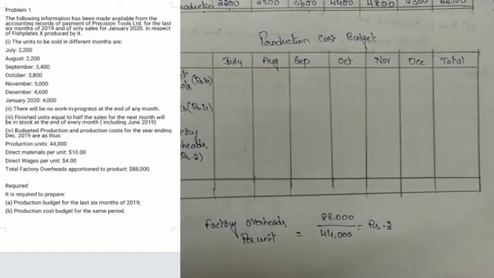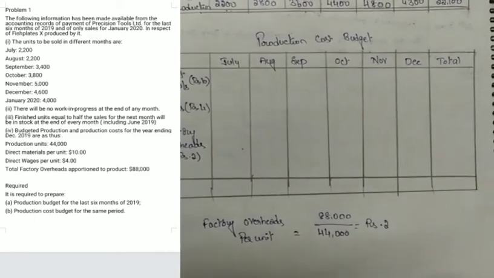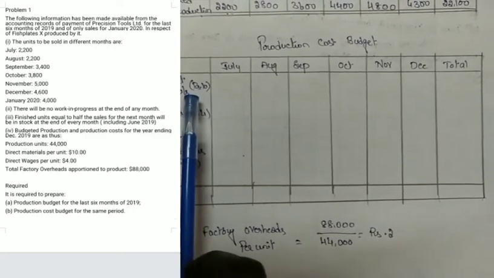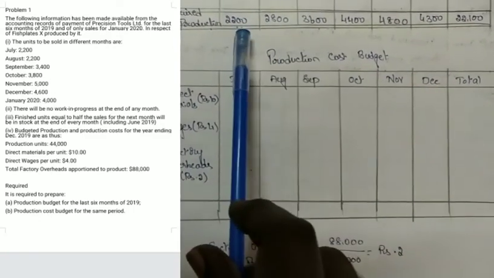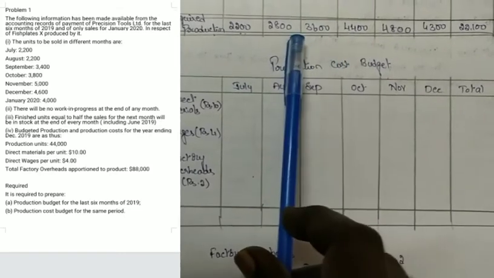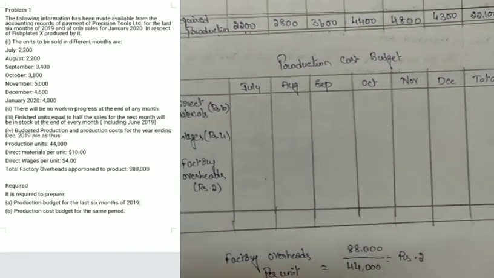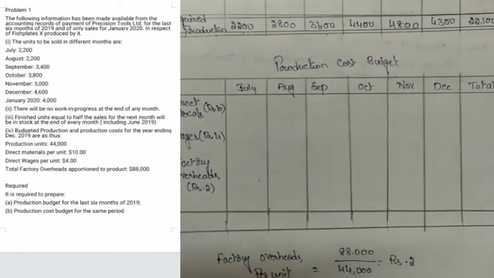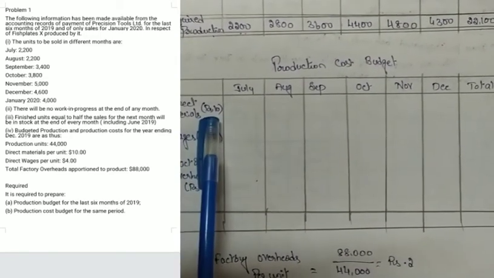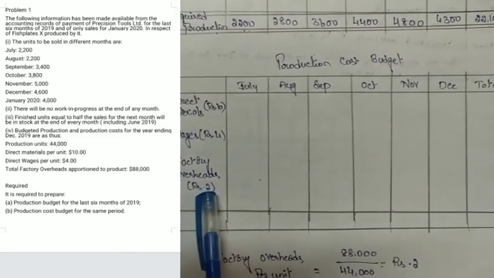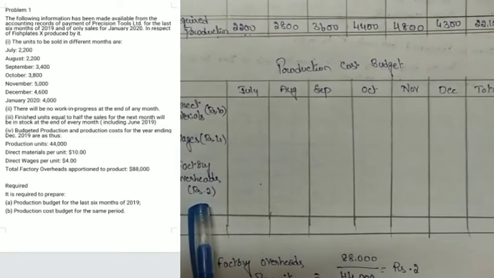So the format for production cost budget is also prepared in a similar way. Whatever the required production we have calculated in units, now we have to go for calculating in terms of the cost, that is what is the total cost required for us. So direct materials they have given 10 rupees per unit, wages 4 rupees per unit, but they have not given factory overheads directly as an amount.